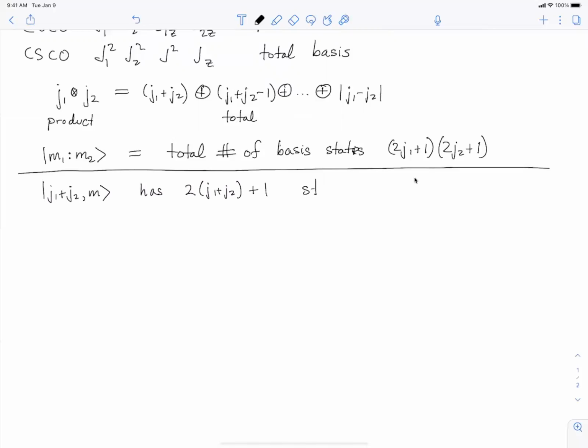So that's how many states there are in just the J1 plus J2 total angular momentum part. And then there's J1 plus J2 minus 1 with all of its possible values of m. That has 2 times (J1 plus J2 minus 1) plus 1 states.